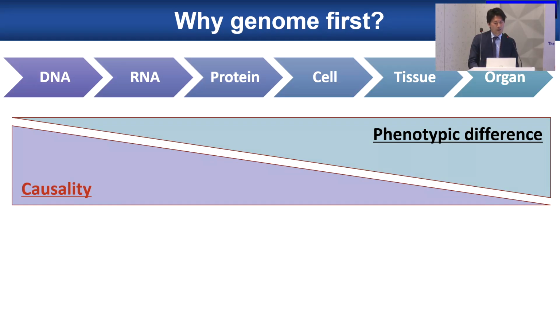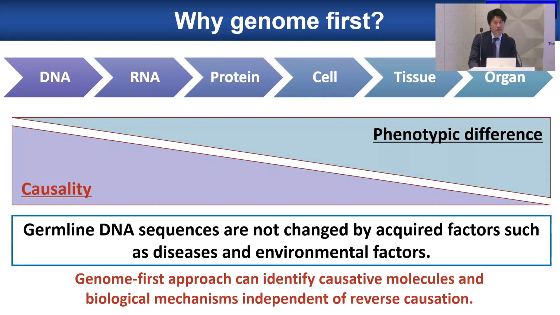On the other hand, we can determine differentially expressed genes or proteins by performing transcriptome or proteome analysis, but we cannot assess causality because of reverse causation. Germline DNA sequences are not changed by acquired factors such as diseases and environmental factors. So the genome-first approach can identify causative molecules and biological mechanisms independent of reverse causation.